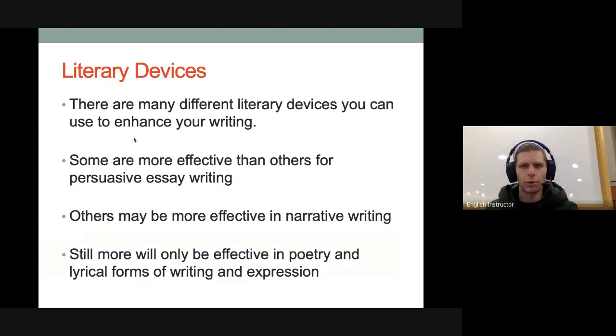So, for instance, things like rhyme are going to be difficult to use in a persuasive essay, but if you're writing music lyrics, or if you're writing poetry, then rhyme is going to be much more effective and useful. But literary devices in general are just going to be used to flavor or enhance your writing.